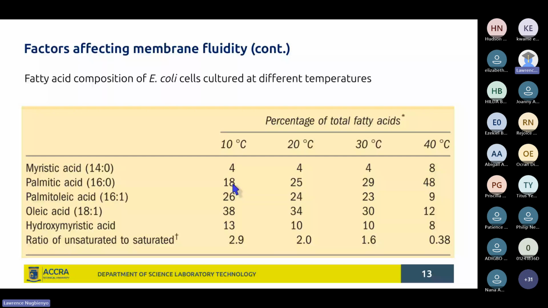So from 18% at 10 degrees Celsius, it increases to 25%. That is for palmitic acid, 16 carbons, no double bond. That's a saturated fatty acid. And the percentage increases more when the temperature was 30 degrees Celsius, and increases much higher to 48% when the temperature increases to 40 degrees.